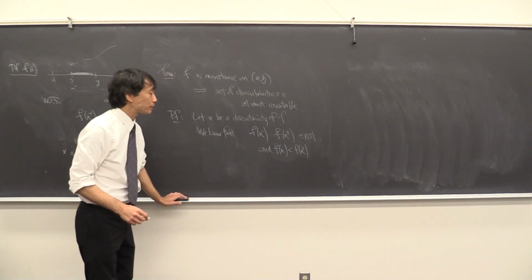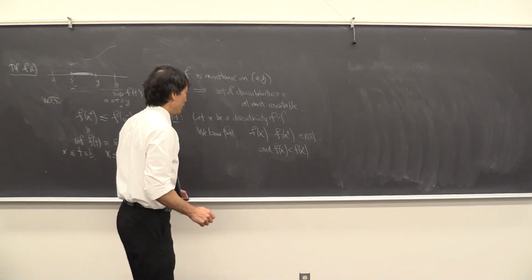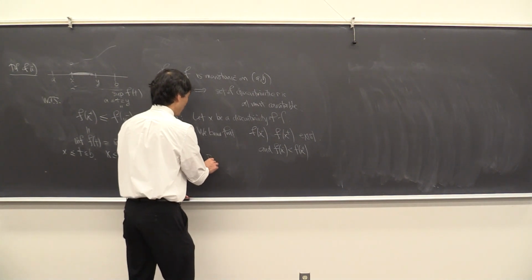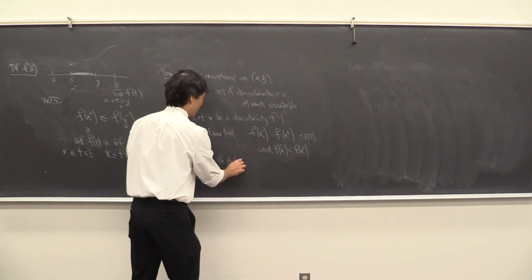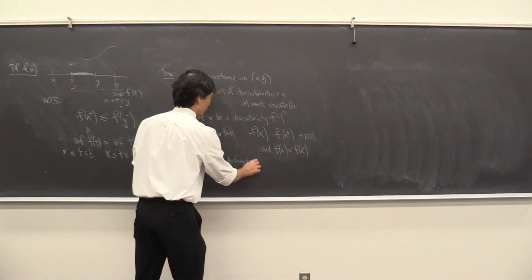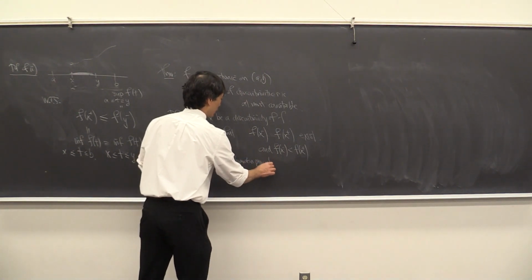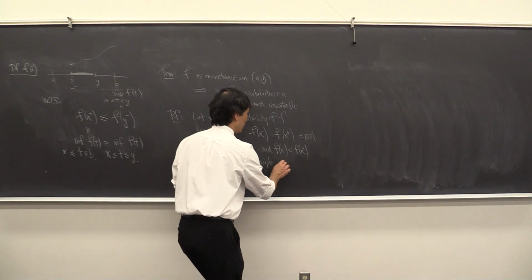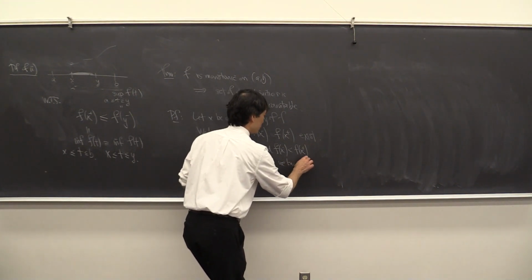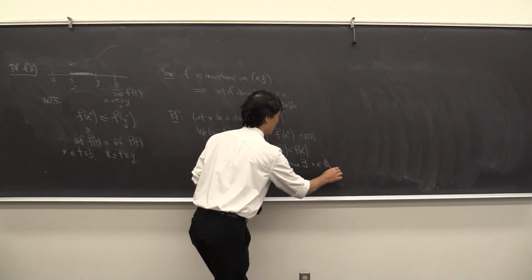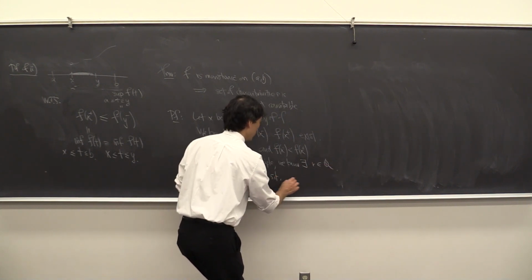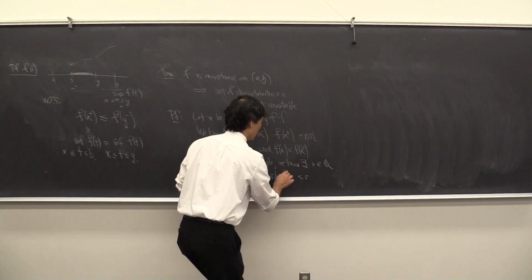Okay. So now, by the Archimedean principle, we know there exists some rational number R such that R lies between these two numbers.